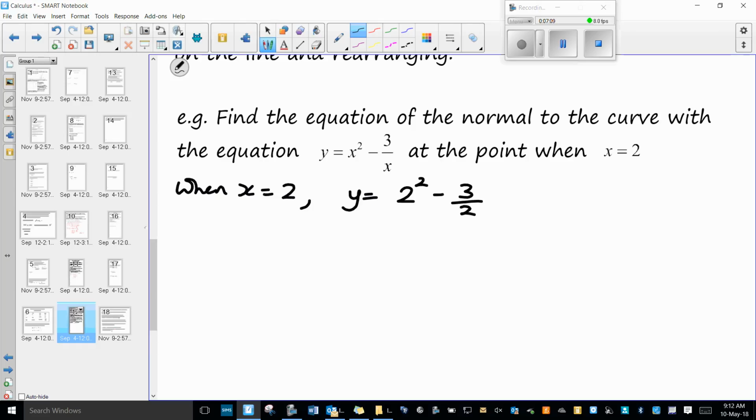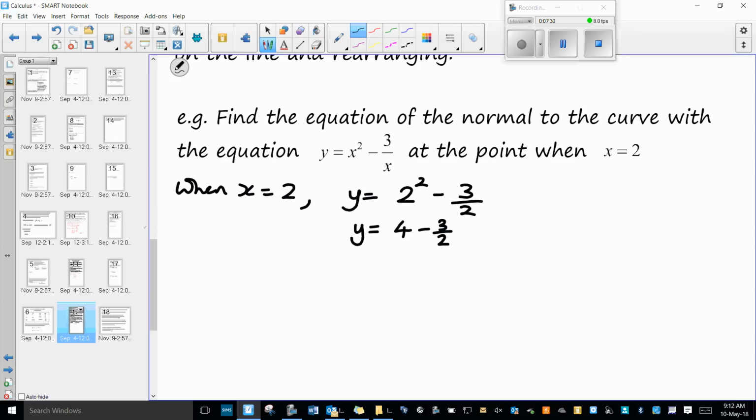Oh gosh, we've got fractions, people. So that's 4 minus 3 over 2. So if this was on the non-calc paper, you've got to be confident enough to work with these.